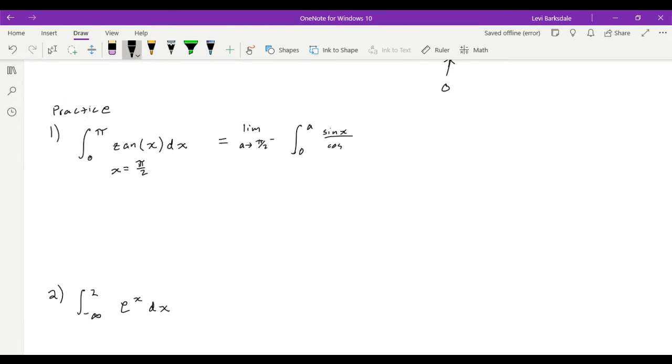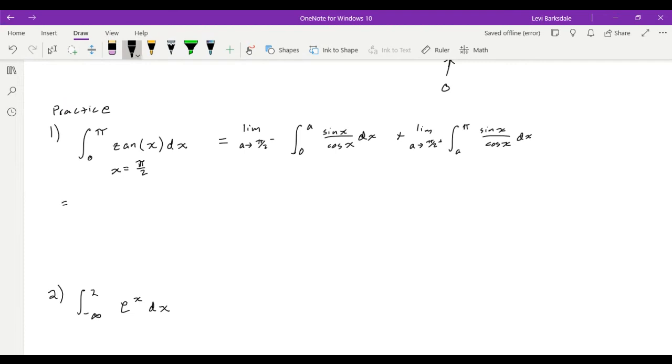And I'm going to go ahead and split it up into sine of x over cosine of x, because that's how we integrate tangent. And we would have a second limit as a goes to pi over 2 on the positive side, integral from a up to pi, again, of sine x over cosine of x.